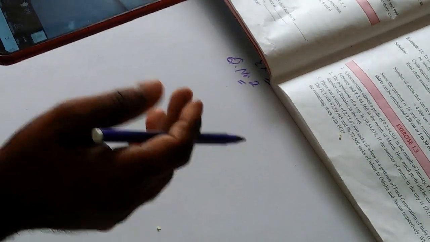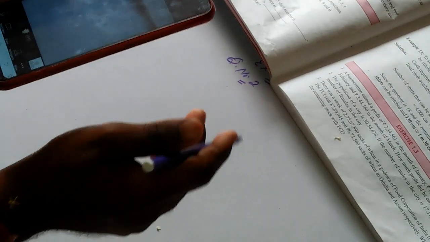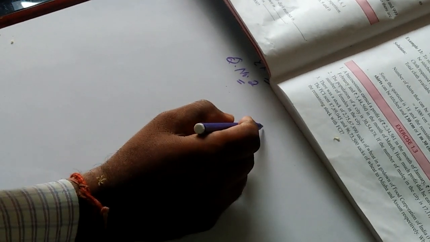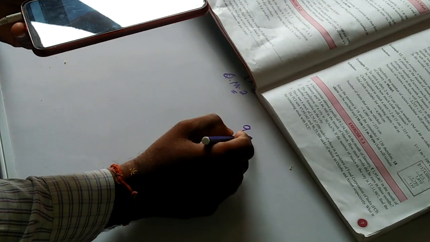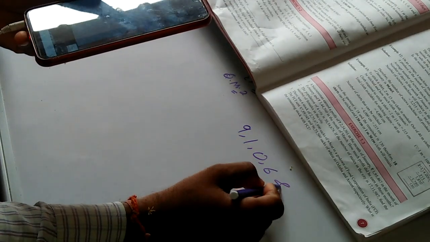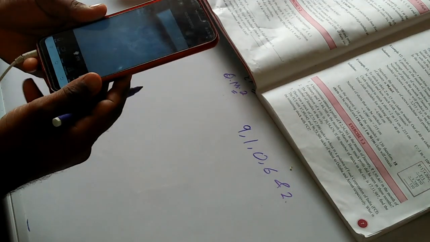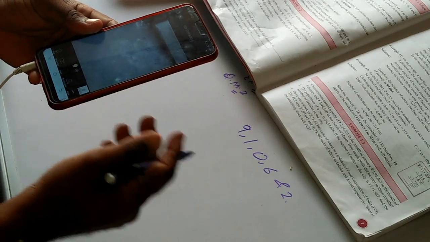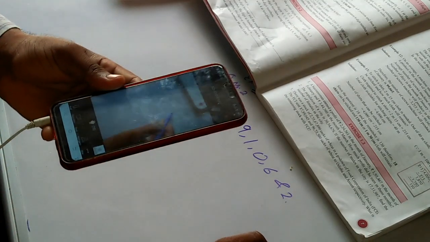My dear students, you have the digits 9, 1, 0, 6 and 2. From here you have to prepare the greatest number.